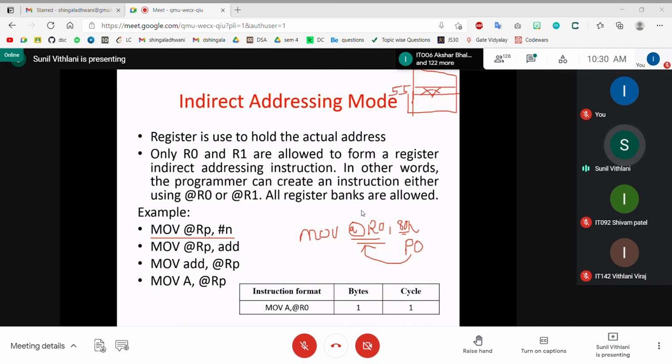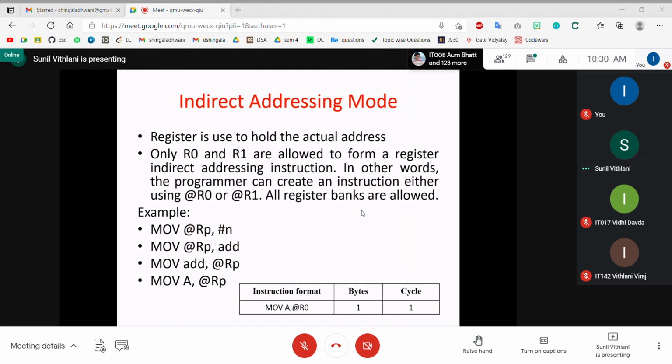So we can use it like this. इमीडिएट एड्रेस भी आप मेंशन कर सकते हो, पोर्ट का एड्रेस या रजिस्टर का एड्रेस भी मेंशन कर सकते हो. But इनडायरेक्ट एड्रेसिंग के लिए आपको क्या यूज करना होगा? @ sign.